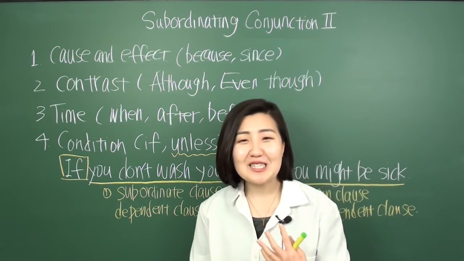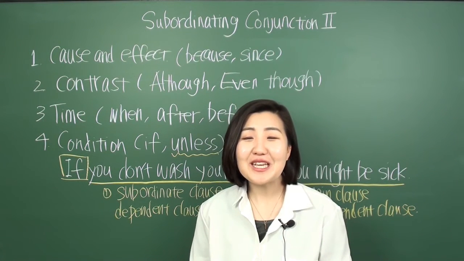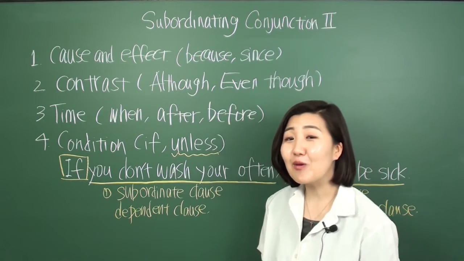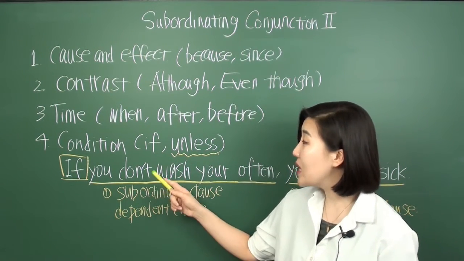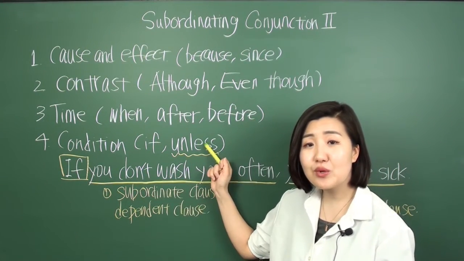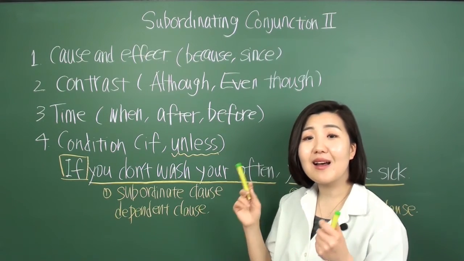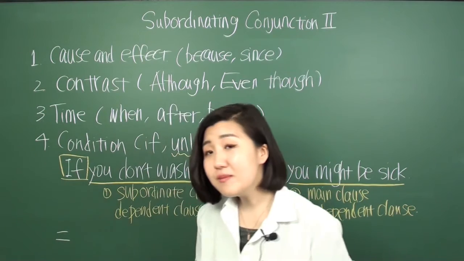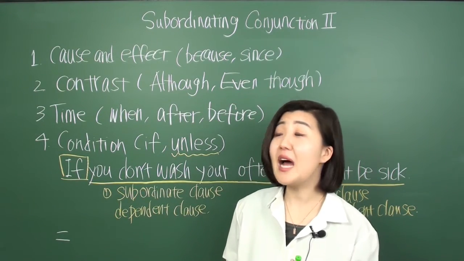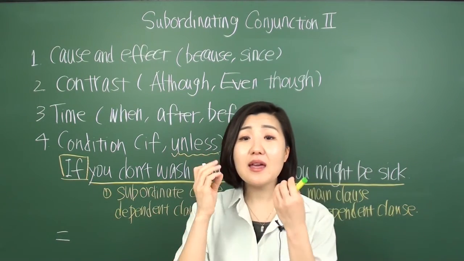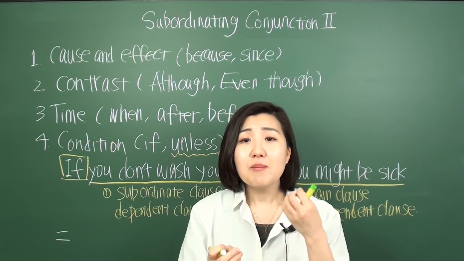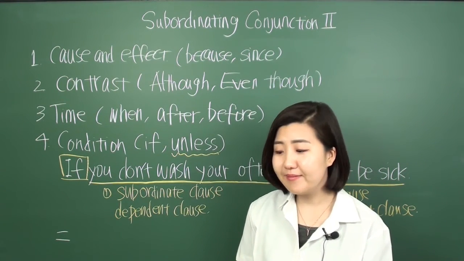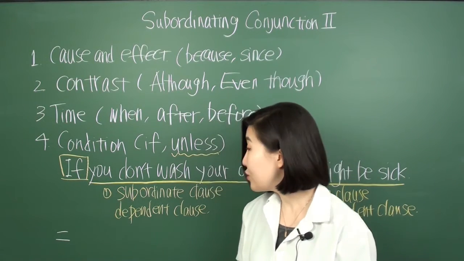What is another way to switch this sentence into a sentence using unless? I told you that unless is a condition, but a negative condition, right? Then how should you write this?